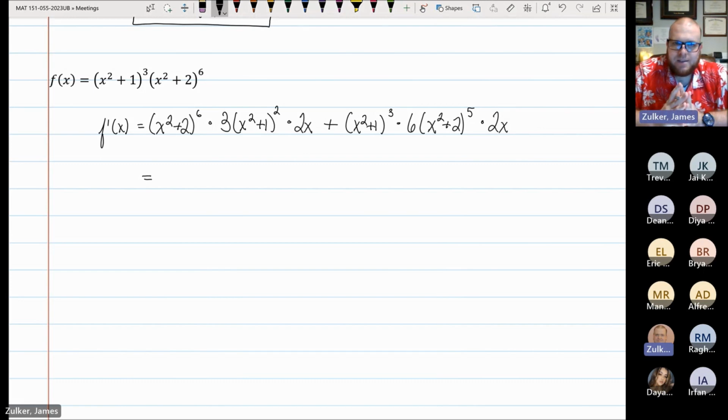Let's see. There is a 6x common. And there's a 3 common from the constants, a 2x common.